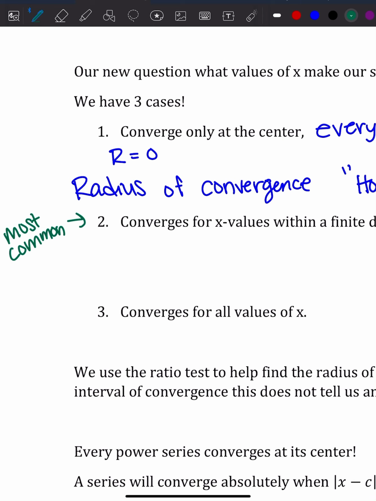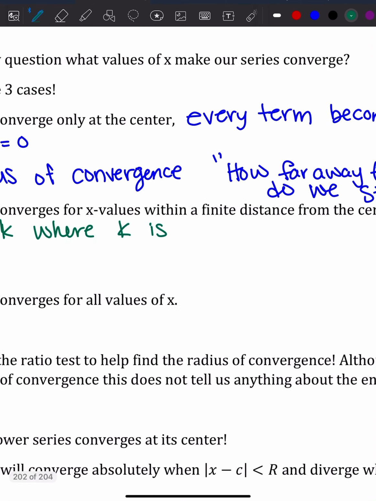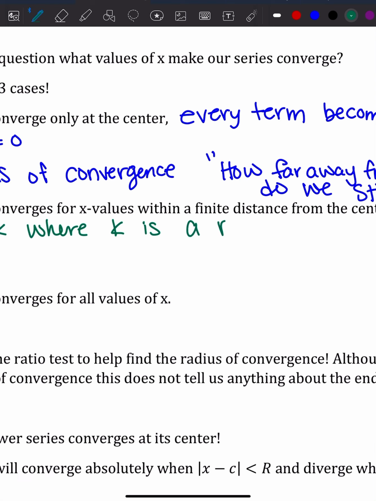So when we have a radius that is a finite distance away from our center, our radius is going to equal some number, we can say k, where k is a real number.